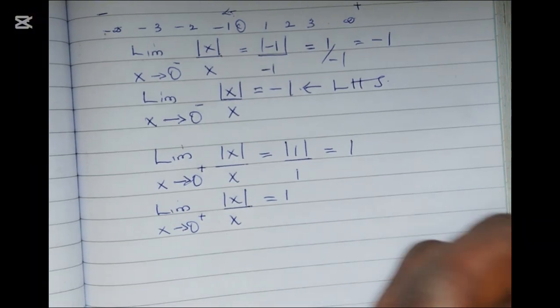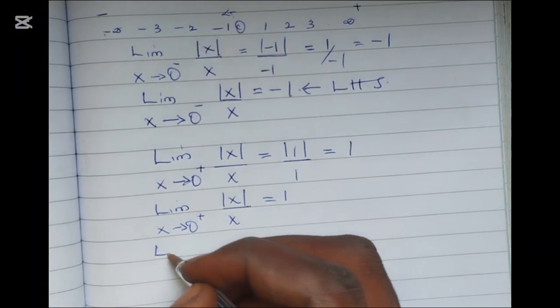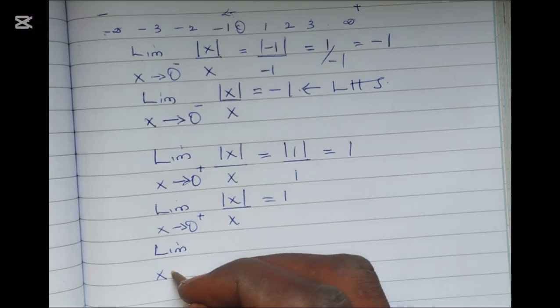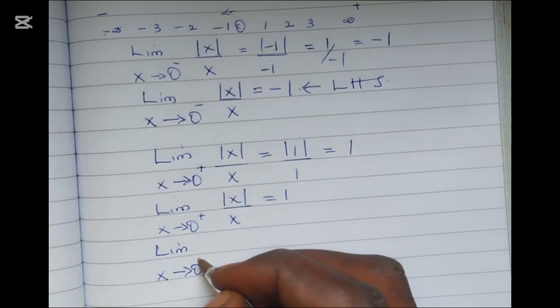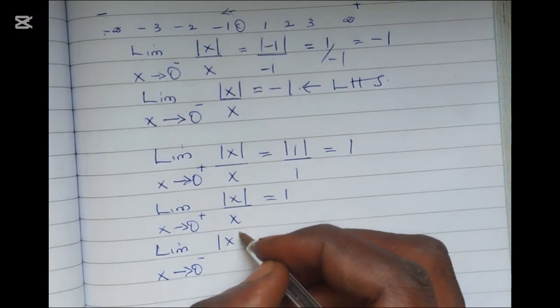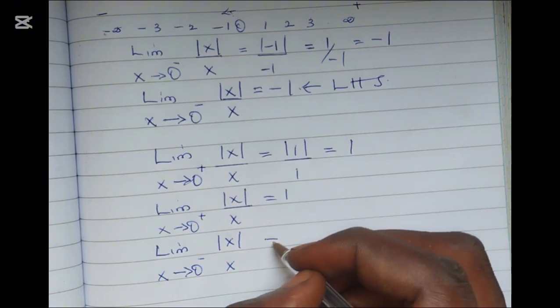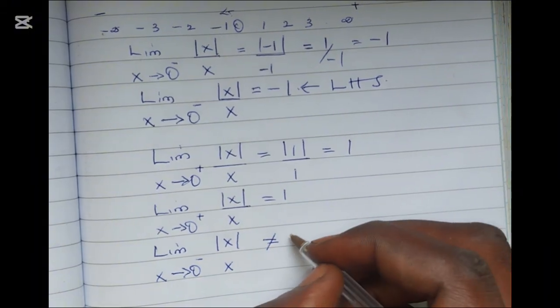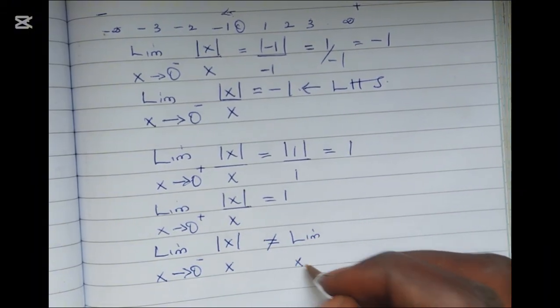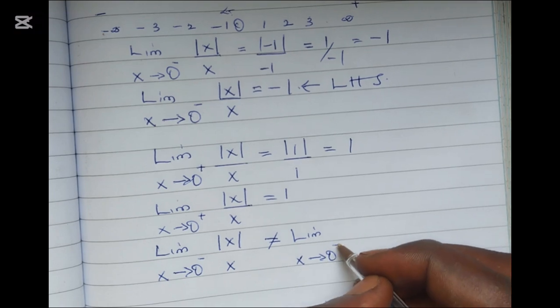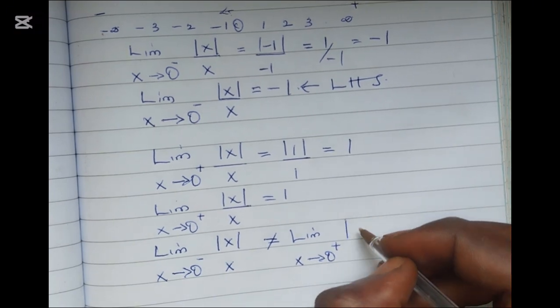So therefore we can conclude that the limit as x goes to 0 from the left hand side of this function is not equal to the limit as x approaches 0 from the right hand side of this function.